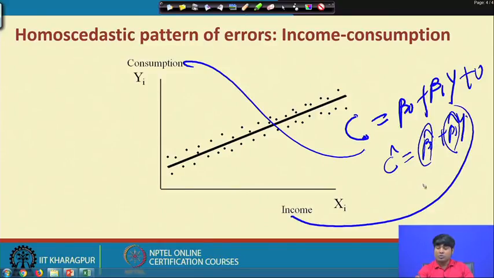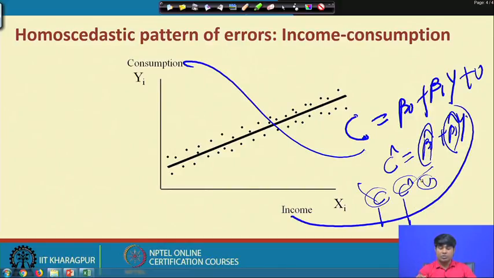Now if we simplify, we will have the C series and the C hat series, that is, the actual consumption series and the estimated consumption series. The difference between the two will give you the error terms.